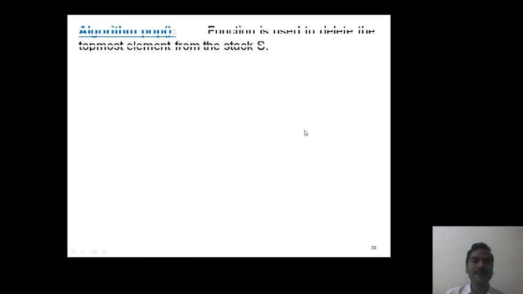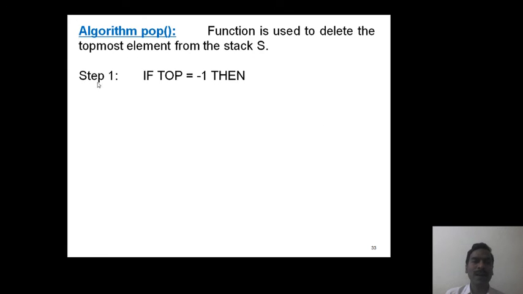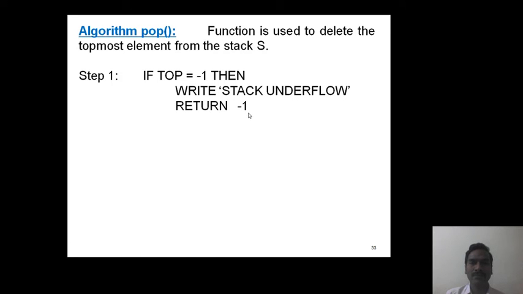Now observe this algorithm. Algorithm pop. This function is used to delete the topmost element from the stack. Step 1: first we check whether the stack is underflow or not. If top equals -1, then print a message as stack underflow and return -1.